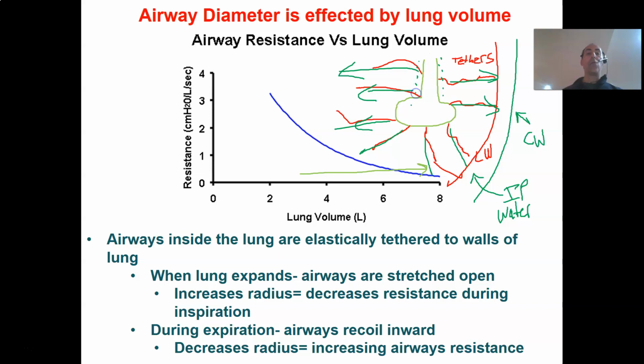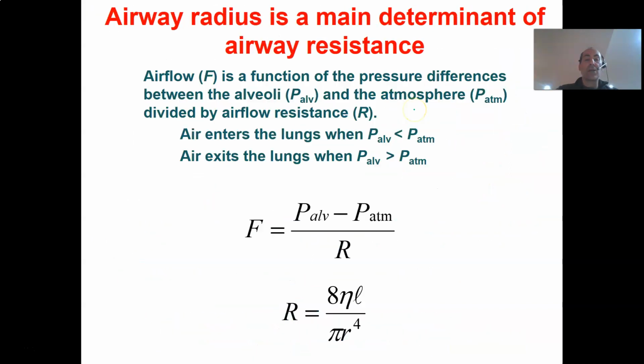The airways open more. And because of that, because the diameter and the radius increased, then based on the equation, the resistance, so you're going to put this into this part of the equation, the resistance has gone down because the radius is always to the fourth power.